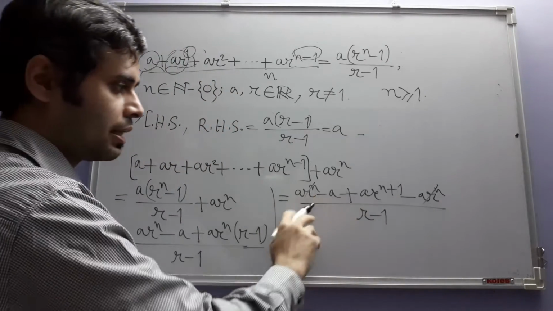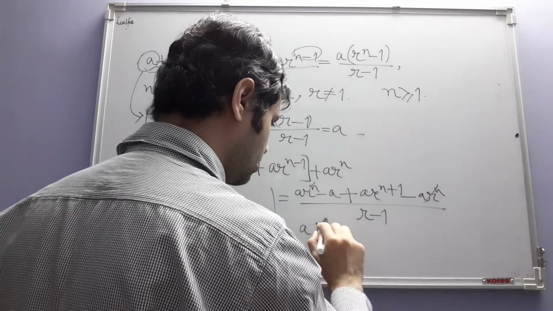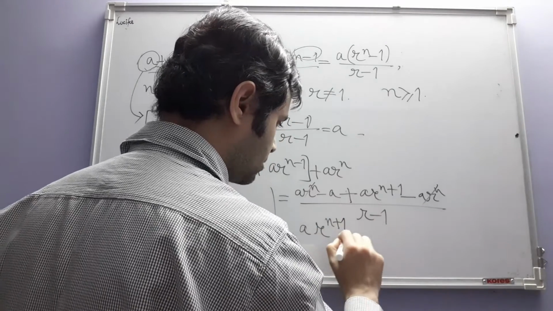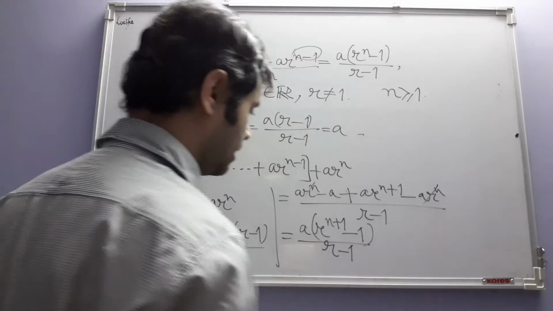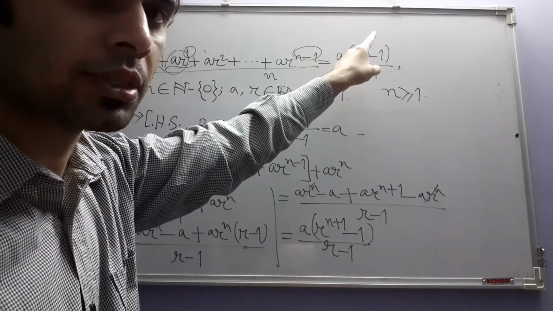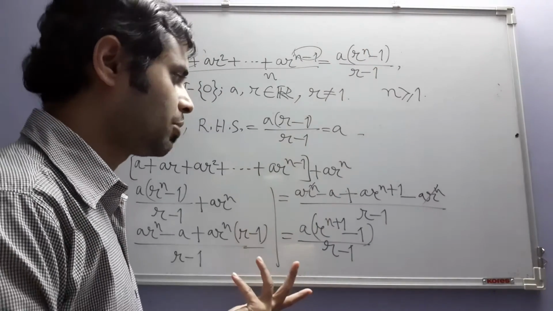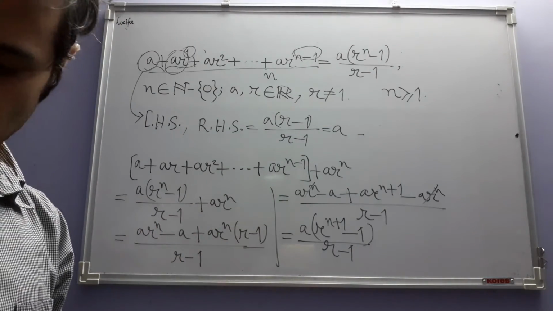From them we can take a common out. So we are left with a times r to the power n plus 1 minus 1 divided by r minus 1, and this is precisely this formula when we have n plus 1 in place of n. So this completes our induction step and the proof. Okay.